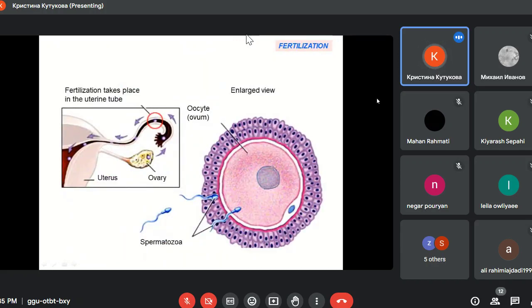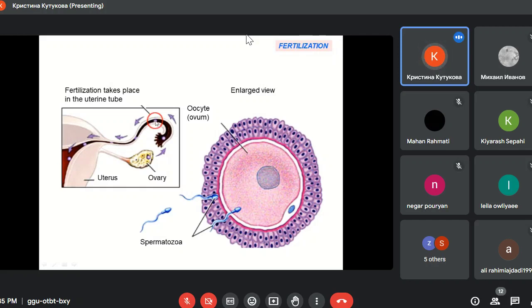So fertilization happens inside the ovarian tube. So here is the ovary. From the ovary, the oocyte goes out and gets to the ovarian tube. It happens every month. And if spermatozoa come into the uterus, they go towards the oocyte and they will meet inside the ovarian tube.